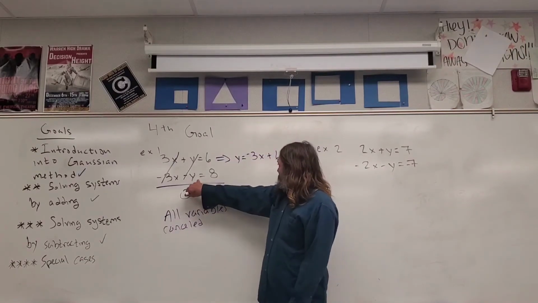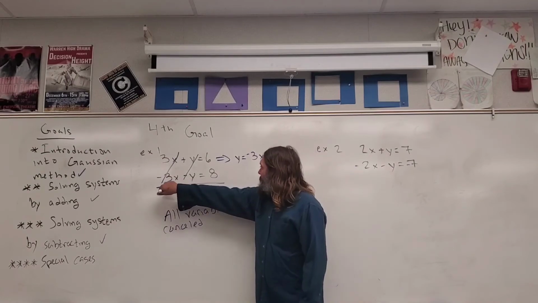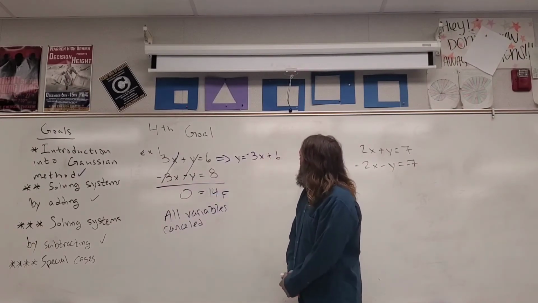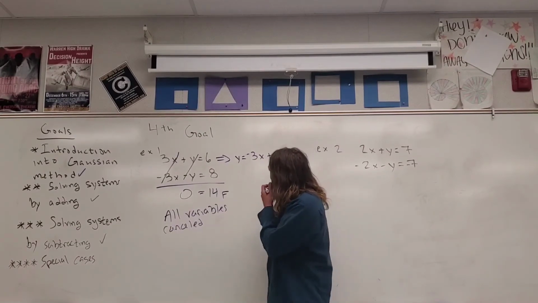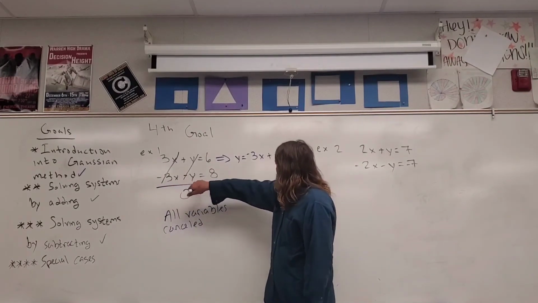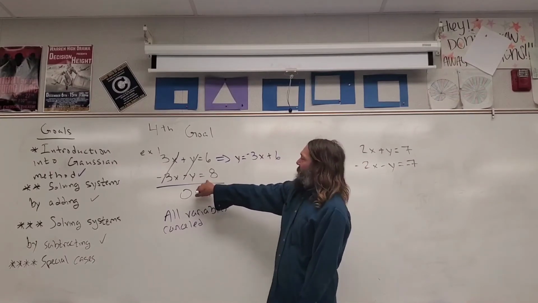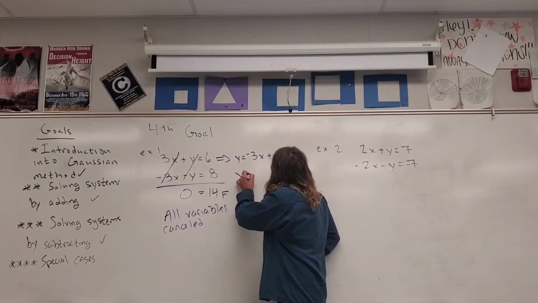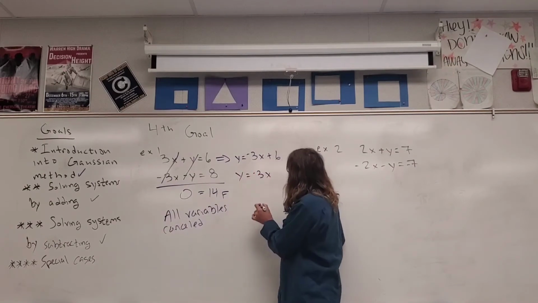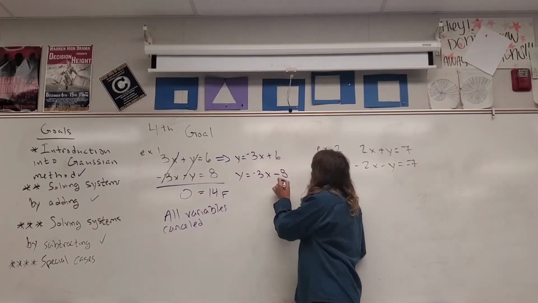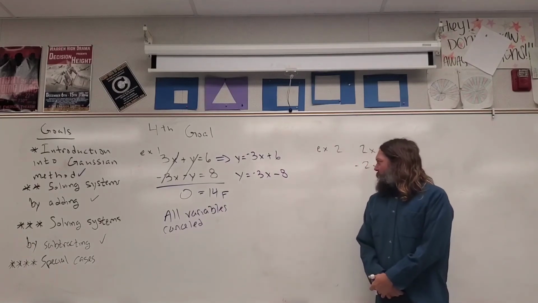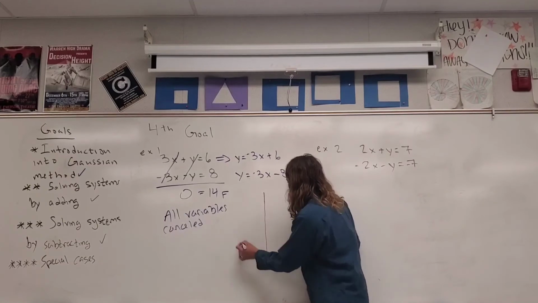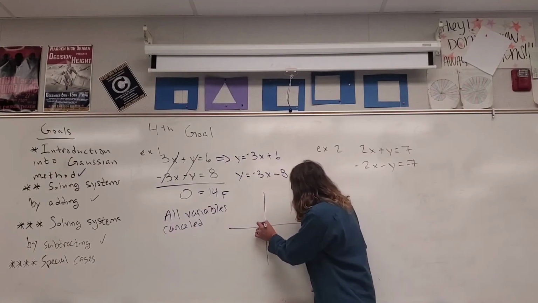And I'm going to rewrite this one in slope-intercept form, and I'm going to get negative y equals positive 3x plus 8, but then I have to divide out the negative 1, and I'm going to get y equals negative 3x minus 8. And so I just really want to quickly show you what's going to happen here. All right, and I should have picked smaller numbers, but oh well.